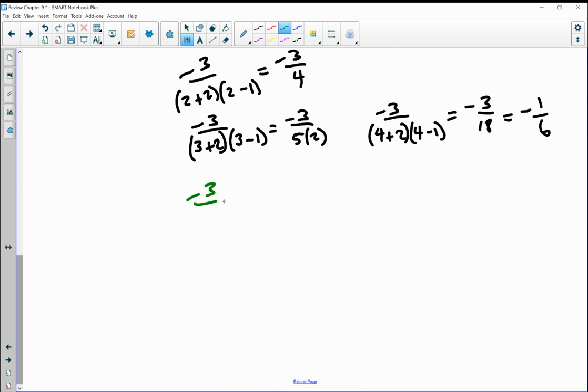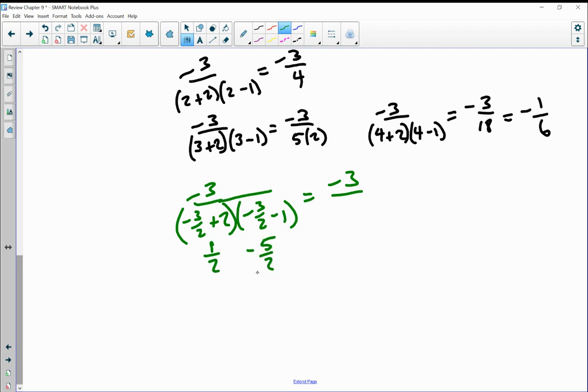Negative 3 halves plus 2, negative 3 halves minus 1. This gives us 4 halves minus 3 halves is 1/2. Negative 3 halves minus 2 halves is negative 5 halves. Multiplying together, that's negative 5/4.